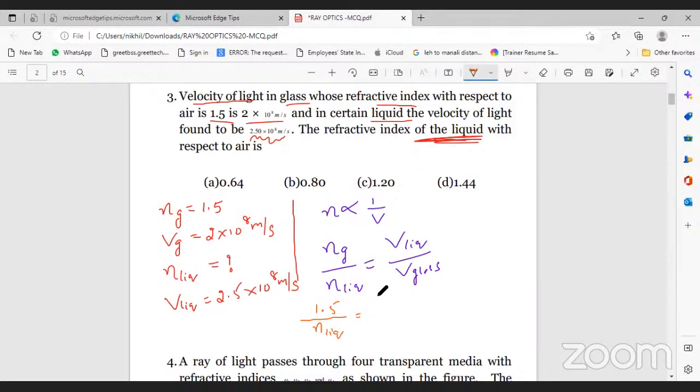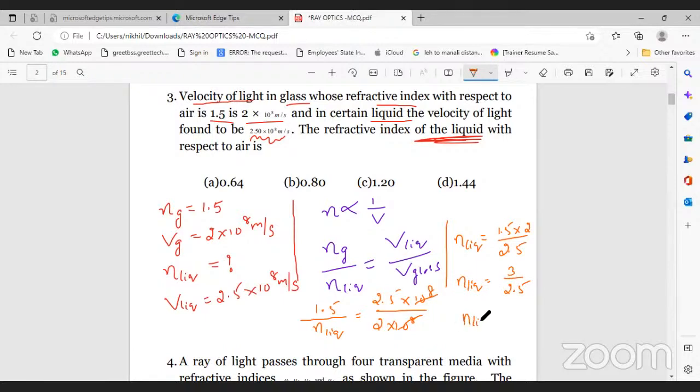So 1.5. The refractive index of the liquid you have to find. The velocity of the liquid is 2.5 into 10 to the power of 8, whole thing divided by the velocity of the glass, which is 2 into 10 power 8. So this 10 power 8 and 10 power 8 get cancelled out. On cross multiplication, the refractive index of liquid is 1.5 into 2 divided by 2.5, which is 3 divided by 2.5.